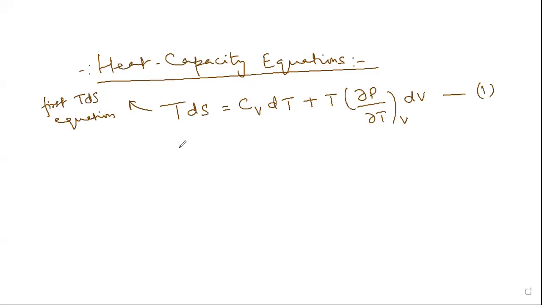Then we have TdS equal to Cp dT minus T dou V by dou T at constant P dP.